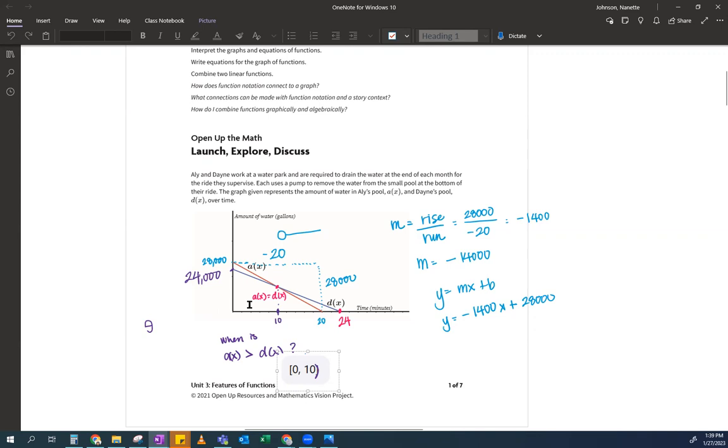How many gallons are both of those pumps supposed to get out of both of those pools? Do you guys get it? Kind of. No, in the very beginning.